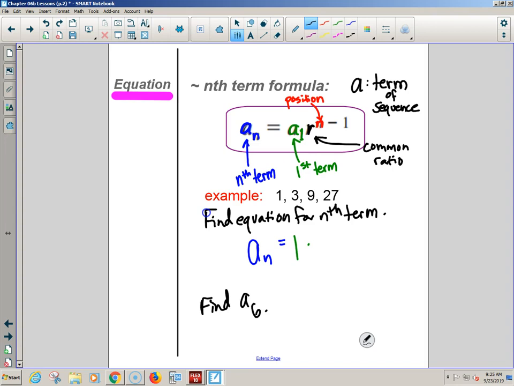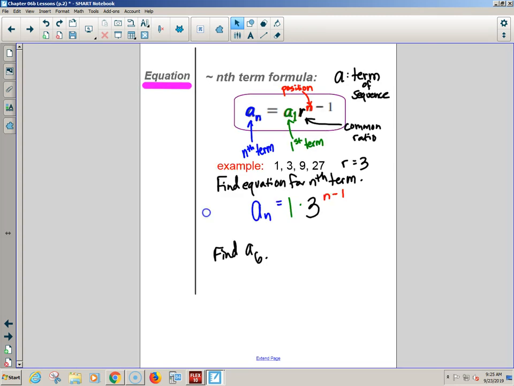Guys, what's the common ratio for this one down here? 3. R equals 3. So I'm going to plug in times 3. So I have my first term times my R. And then all I have to do is check it. Write n minus 1. So if I was to write it as a snazzy way, the nice thing is that 1 times doesn't actually change anything. But that is my equation for the nth term.